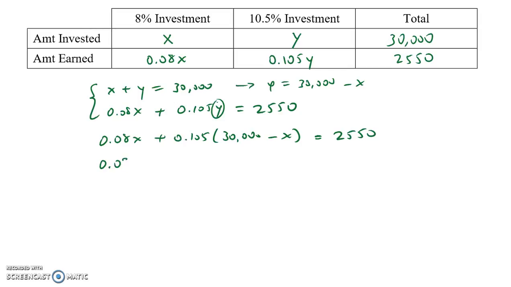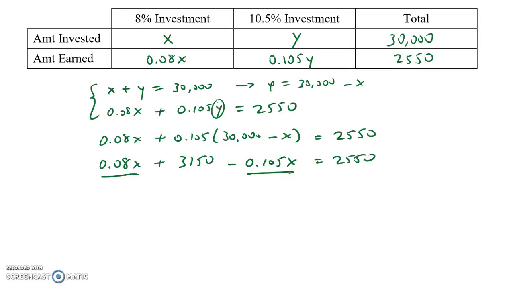And then the rest is fairly straightforward. You might need a calculator. 0.08x plus, we're going to multiply 30,000 by 0.105. That works out to 3150. Then we're going to distribute 0.105 to the second term in the parentheses. That's the minus x. So we obtain minus 0.105x equals 2550. We can combine the first term and the last term on the left-hand side.